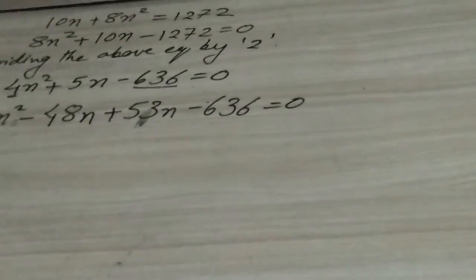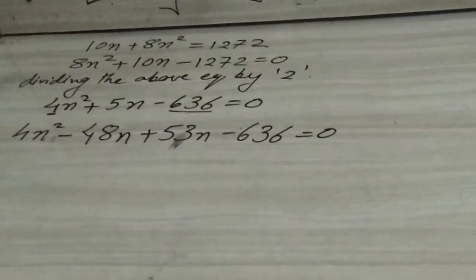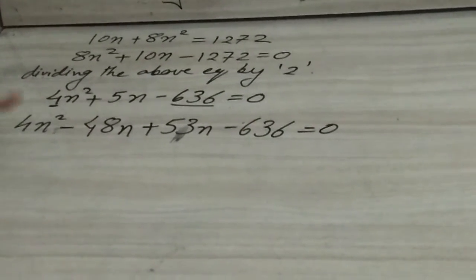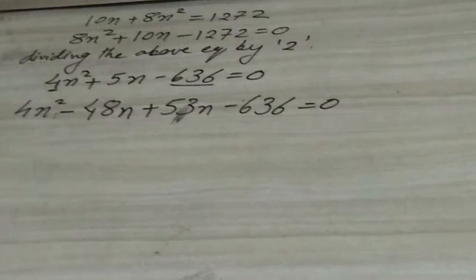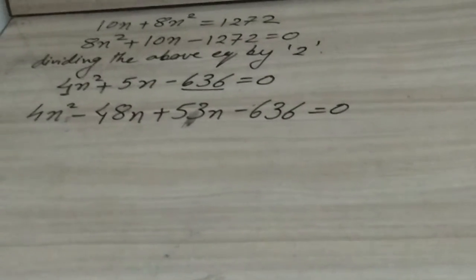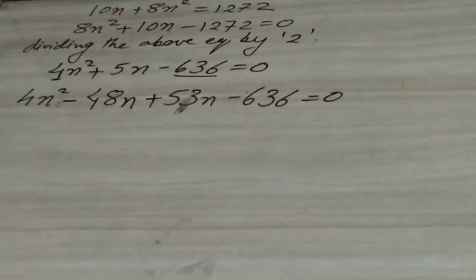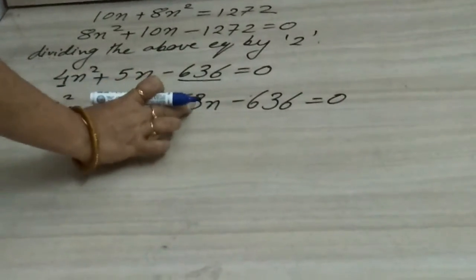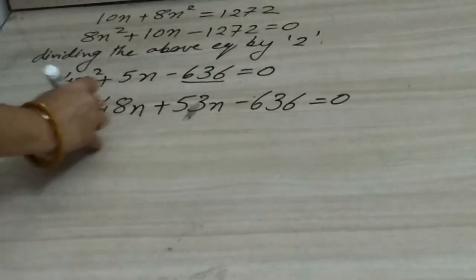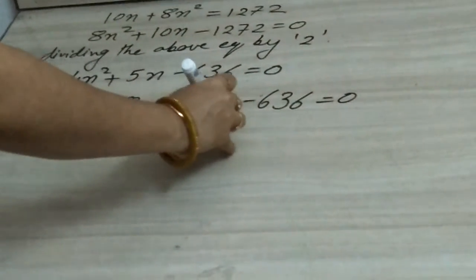Now, when we have seen this, we again think how the grouping should be done so that we can take something common. Make pairs of two, from which we can take a common factor. So we search for the numbers which we can take common. If we recall the table, we need to shift these two numbers. I am only changing the places. I am writing minus 53n and plus 48n.